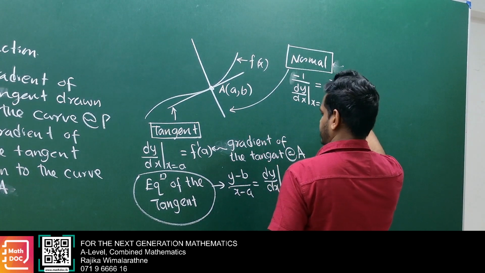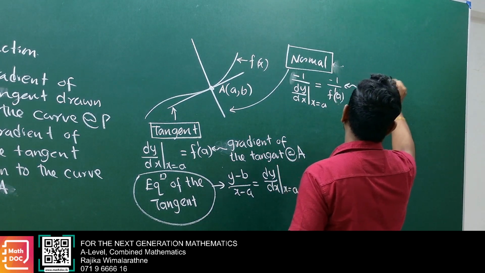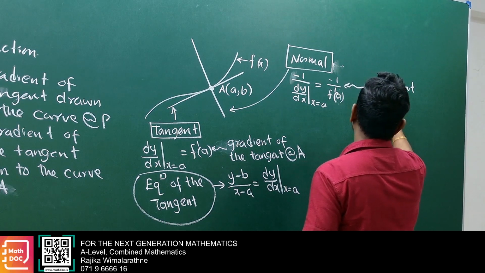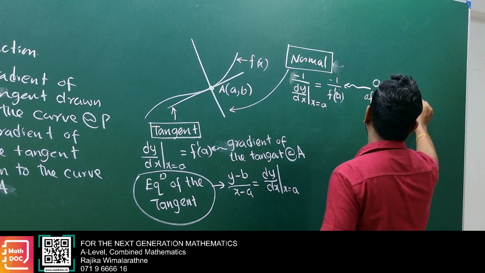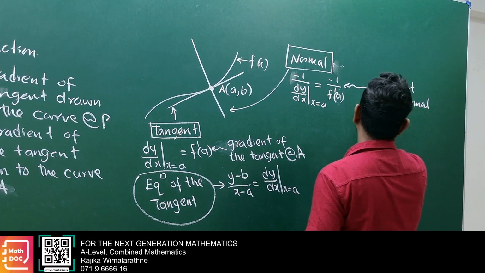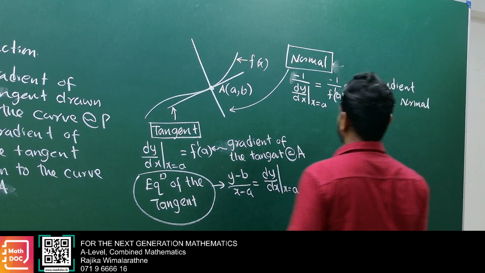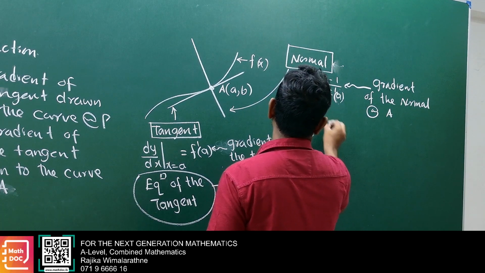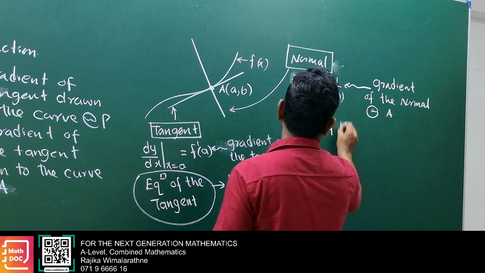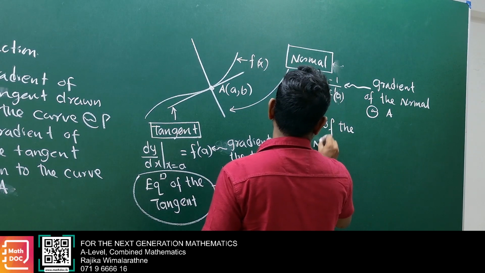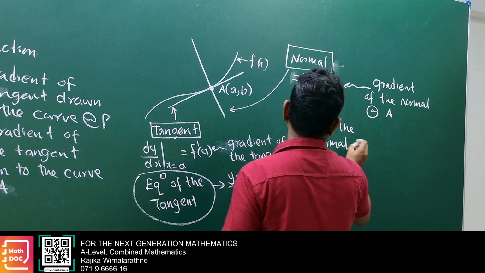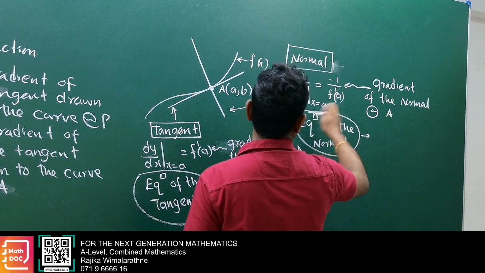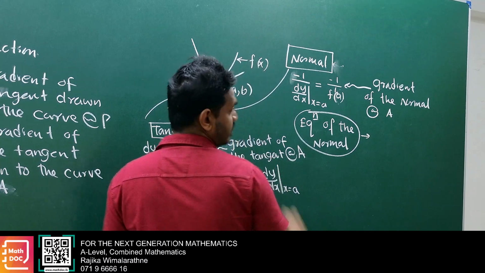Here the gradient of the normal at a. Therefore now you write the equation of the normal. We know the gradient and the point is given.